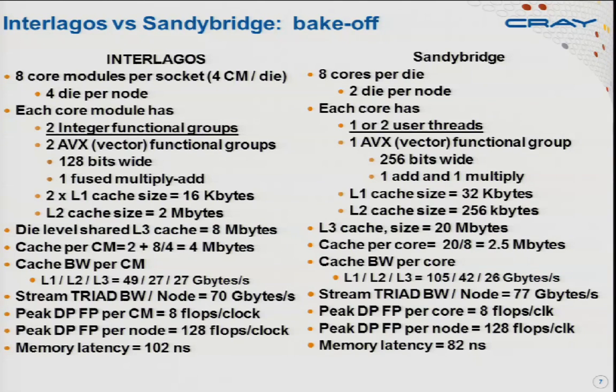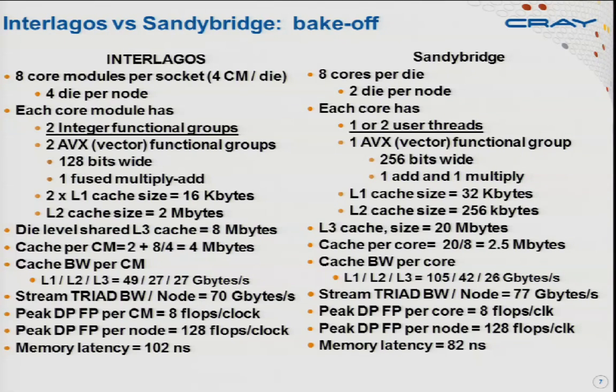So let me go to the next line. Like I said, the core module has 2 integer functional units. Each integer functional unit basically runs its own process thread, right? And the default way of running on Interlagos is to pack 1 process thread, 1 rank, on each one of those integer functional units.